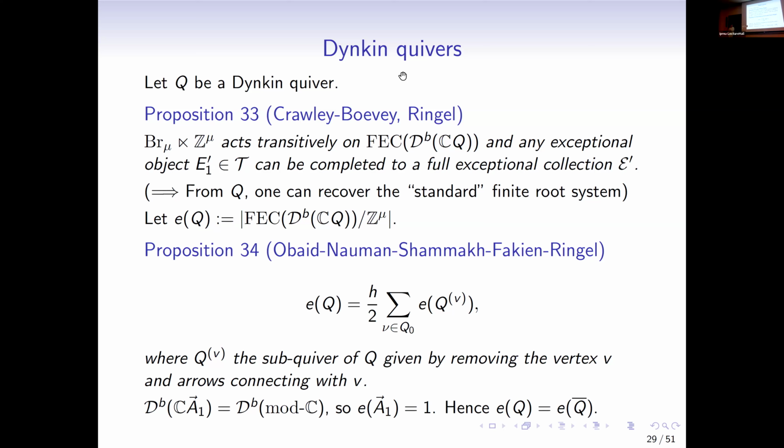Sorry, what's the definition? This is the set of the free exceptional collections. You mean the cardinality? Cardinality, yes. Consider this set and divide by the action; the number of orbits.